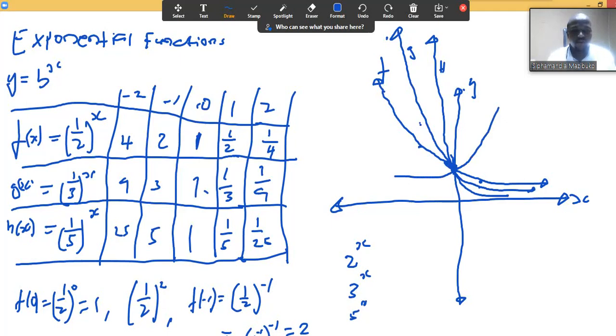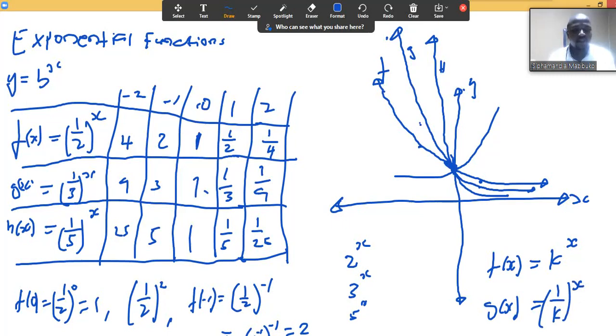If you have f at x equal to k to the power x, where k is an element of the real numbers, and g at x equal to 1 over k to the power x, you can say that g is a reflection of f.